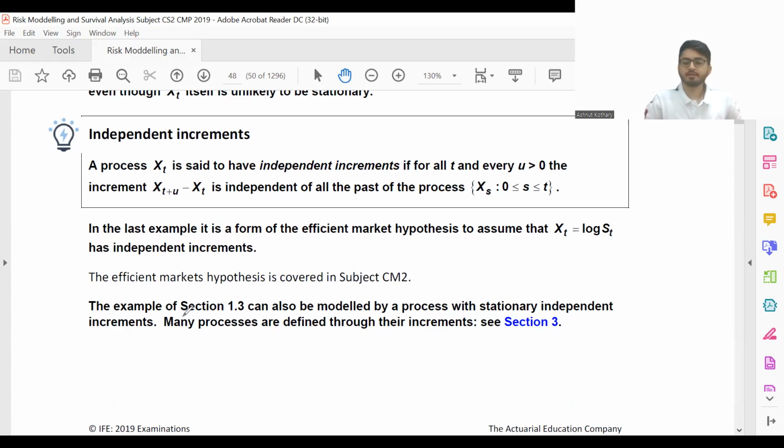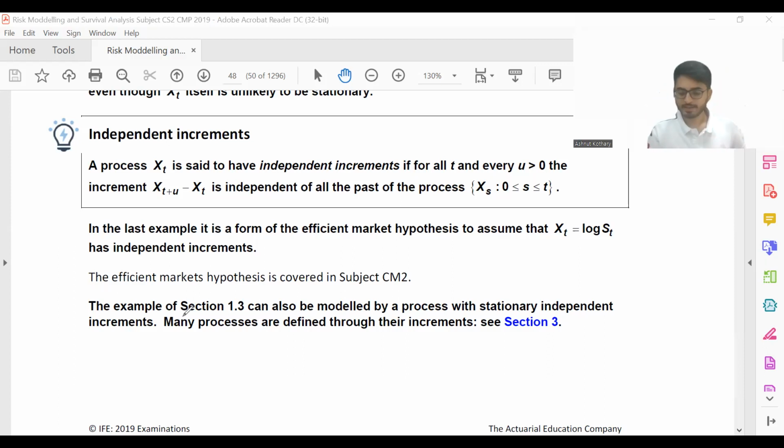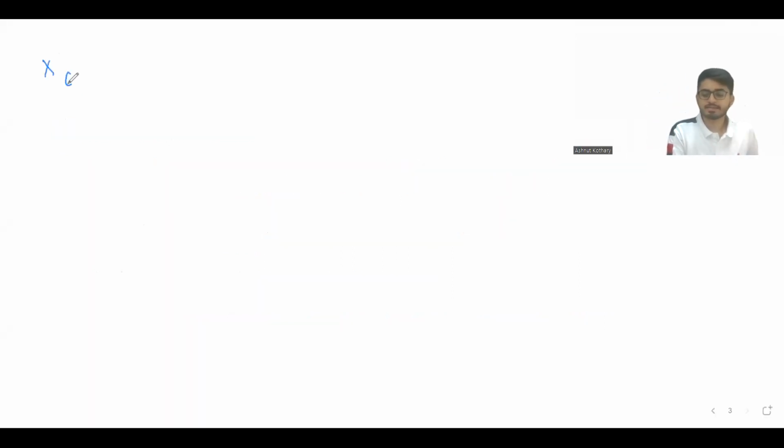So in simplicity, what independent increments says is that if a process has this particular property, then the change in the value of the process will be independent of its entire past. You can take this example, say x6 minus x3.